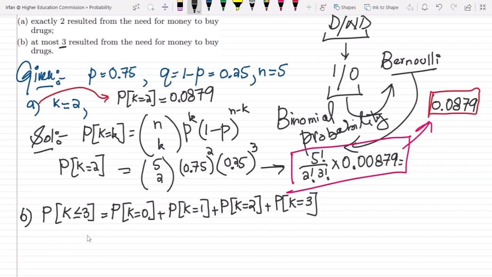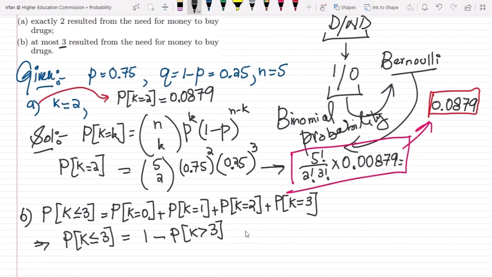This is the first possibility, that we carry out all these calculations to find the probability that k is less than or equal to 3. Similarly, we can also formulate another equation, in which the probability that k is less than or equal to 3 is 1 minus the probability that k is greater than 3.